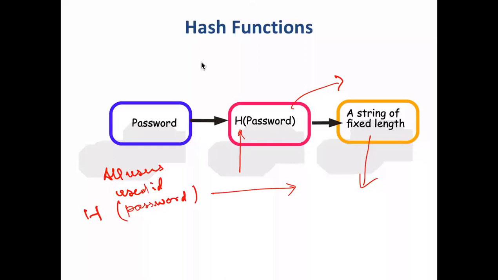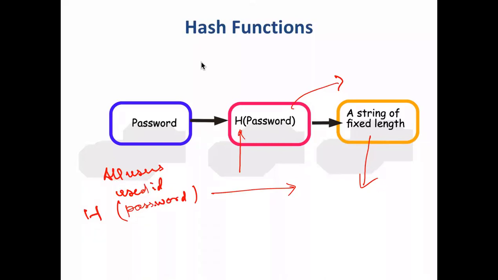So whenever a user presents the credentials, that is a user ID and password, what the system does is hash that password and compare it with the stored hashed password, and if it matches, then the user is allowed to get in. Okay, any question?